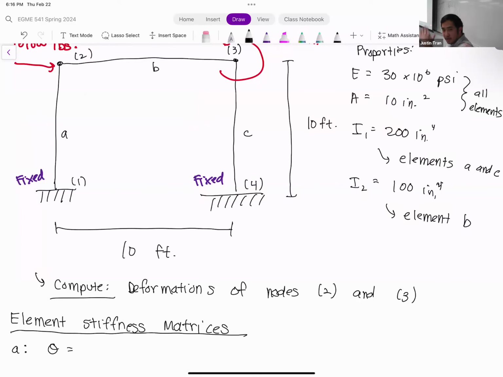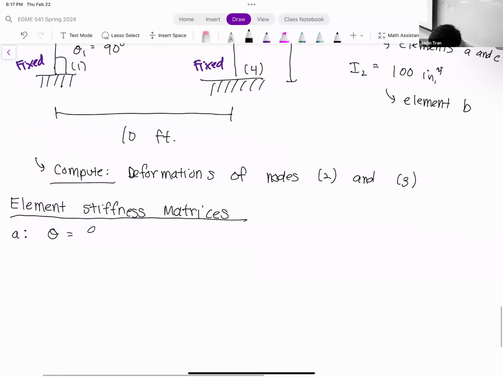And so in order to get into that orientation with node 1 as kind of the origin or the apex, we have to rotate up by 90 degrees, right? So this angle right here, theta 1, is 90 degrees. All right, so that tells us that cosine of the angle C is going to be 0, and sine of the angle S is going to be 1, okay?